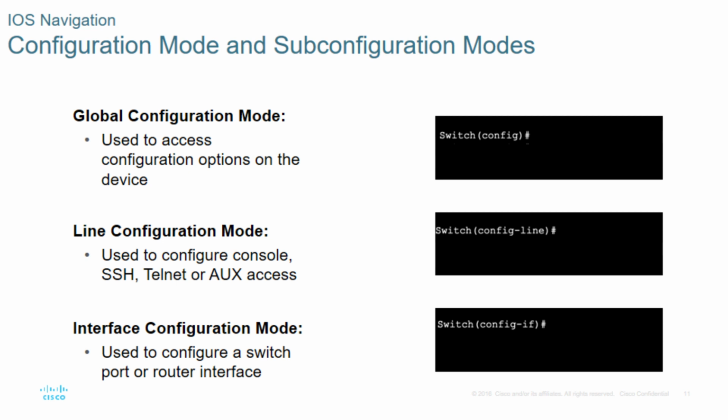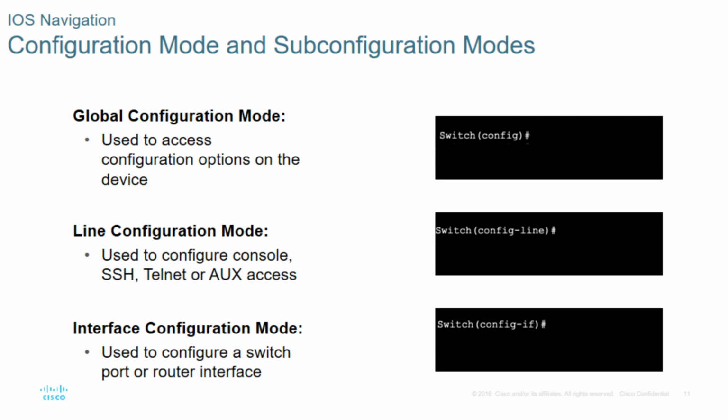And global configuration mode is accessed before other specific configuration modes. From global config mode, the user can enter different sub-configuration modes, right? Each of these modes allows the configuration of a particular part or function of the iOS devices. Two common sub-configuration modes include line configuration mode and interface configuration mode. So when the CLI is used, the mode is identified by the command line prompt that is unique to that mode, right?